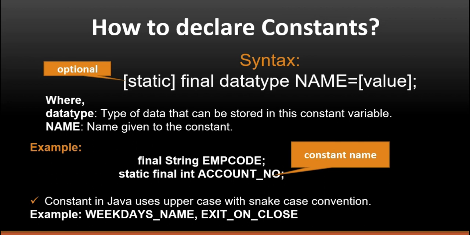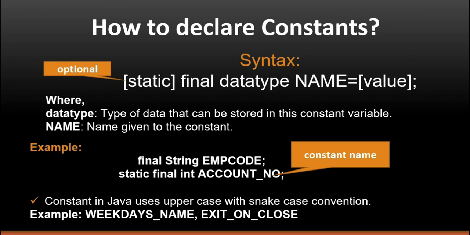I have declared one variable EMP code, which is a String data type, and the keyword I have used is final. So, it becomes what? A constant in Java. Another variable I have declared is account number. The data type for account number is int and the keywords I have used are static final. As soon as you use the keyword final, it becomes a constant.